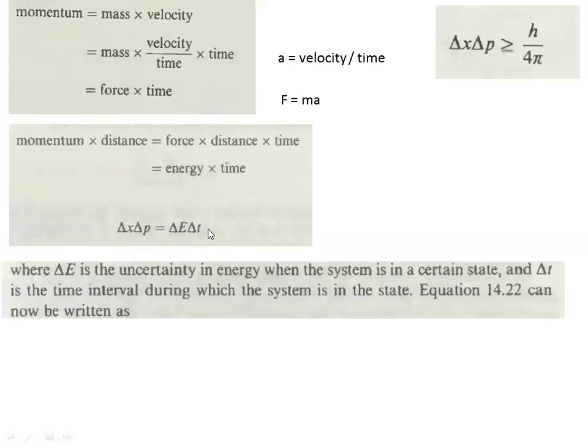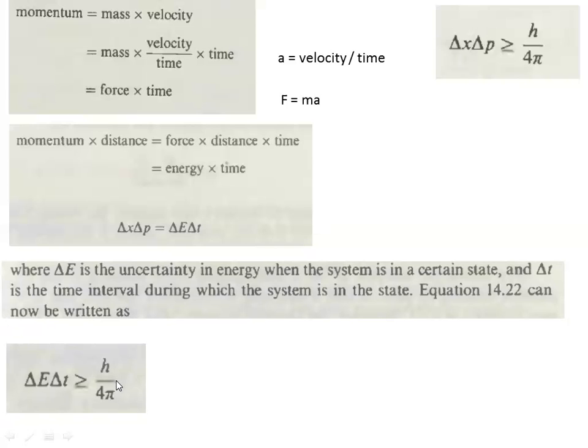So the above equation becomes delta E, delta T will be equal or greater than h over 4 pi. So these two equations, the first one and the last one, are similar. That means there are four factors you can study by using the uncertainty principle.